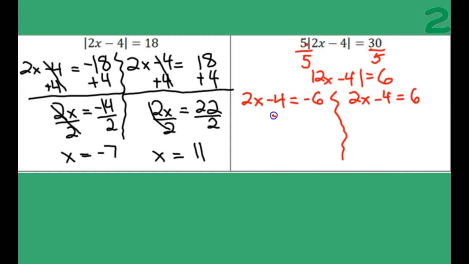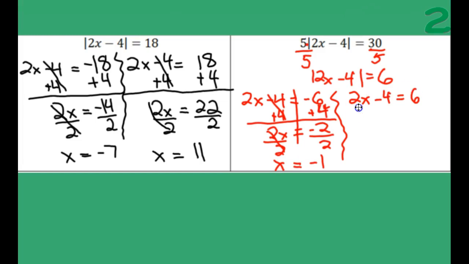Again, we are going to add 4. So what we're left with then is 2x equals -2. Divide by 2 to get x by itself, and x equals -1. We're going to do the same thing on this side.